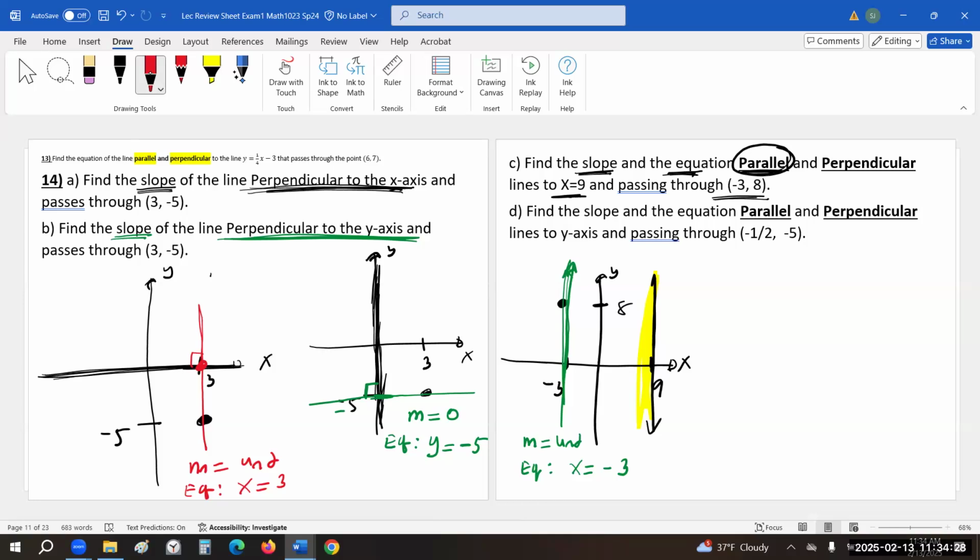Horizontal line. So you're going to draw this line. This is the perpendicular line. What is the slope of any horizontal line? 0. And what's the equation of this horizontal line? Y equals 8. So the green one is the parallel line, and the red one is the perpendicular.